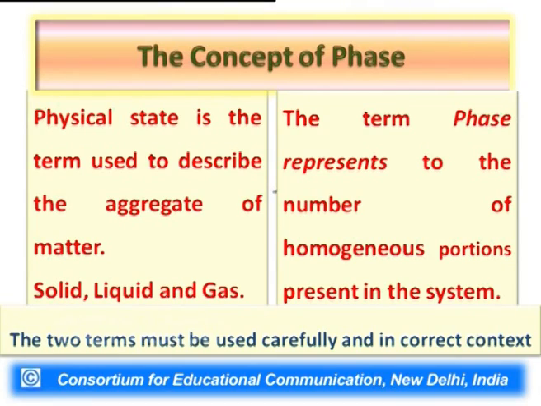Physical state is basically just a term used to describe the aggregate of matter. We all know that matter under standard conditions may exist in three different states, either solid, liquid or gas.